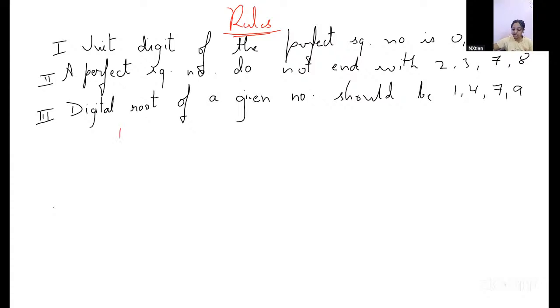Now, for digital root, there are two steps to calculate it. First step is to take the sum of all the digits of a number.